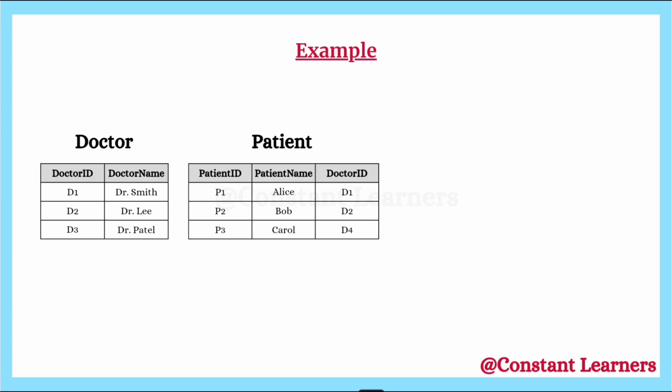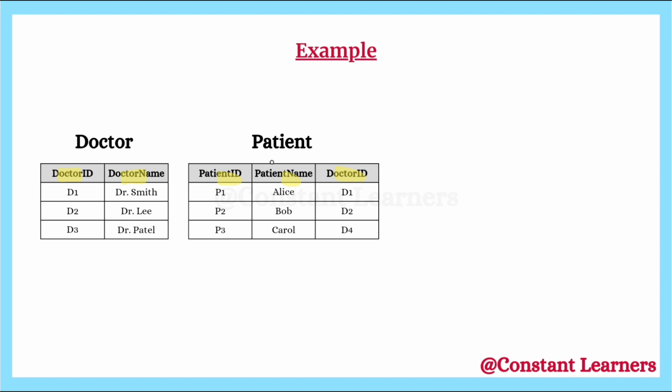Alright? Let's explore all the three joins using the doctor and patient tables. Now, the doctor table lists doctors by the doctor ID and the doctor name. And the patient table has patient ID, patient name and the doctor ID of the doctor that is assigned to these particular patients.